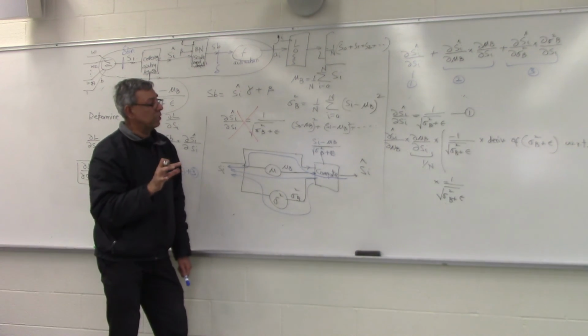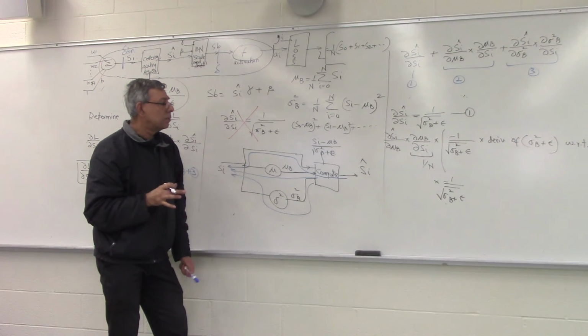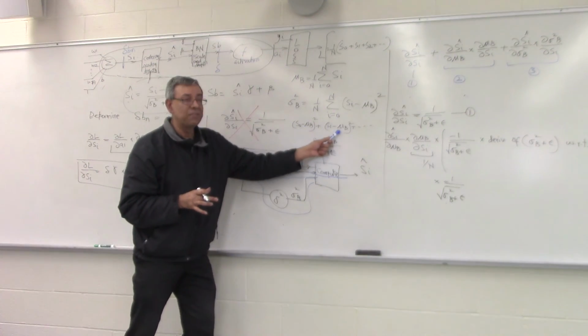will there be just one term or many terms? Many terms, because mu B is appearing everywhere.